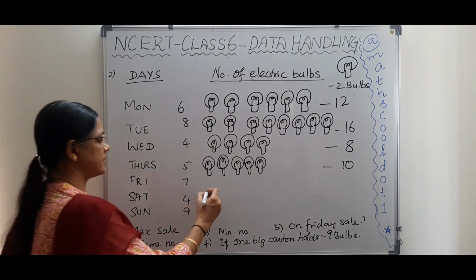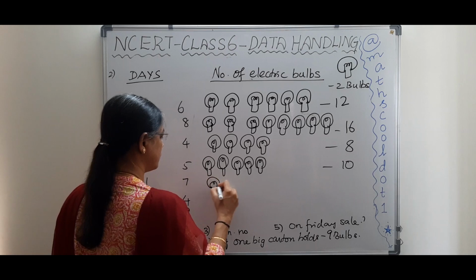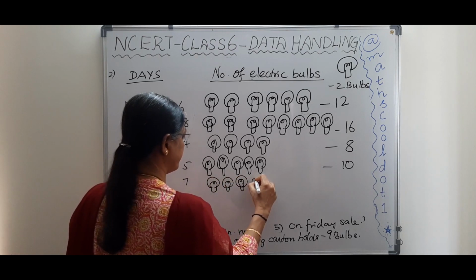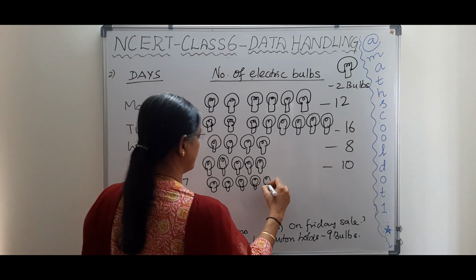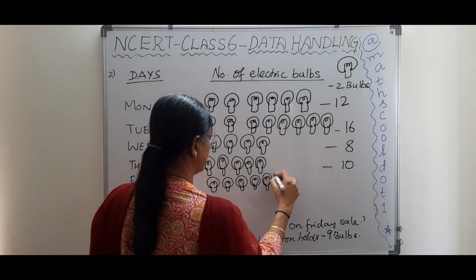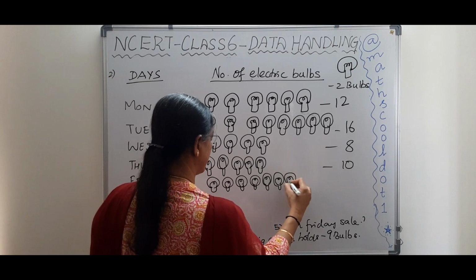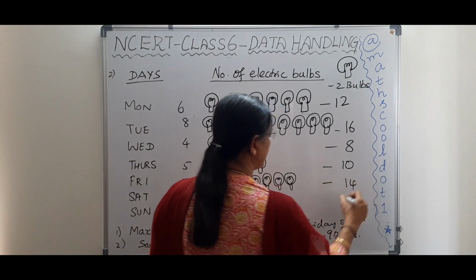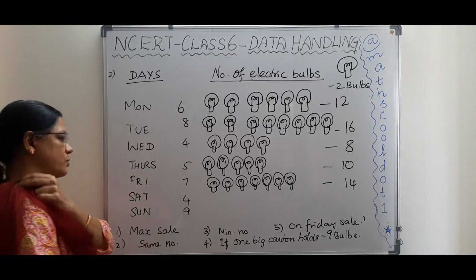On Friday, it is 7. So 1, 2, 3, 4, 5, 6 and 7 here. So 7 bulbs, I have drawn 7. So 7 into 2, there are 14 bulbs. 14 bulbs were sold.